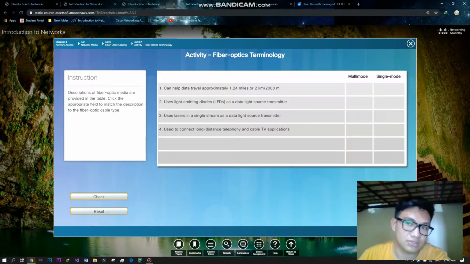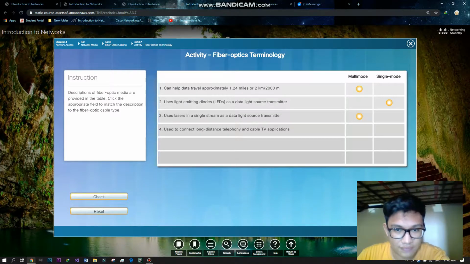That's a very long distance. Uses light emitting diodes as a light source in the transmitter. Single mode uses lasers in a single beam as a data light transmitter. This one, single, the word. It's used to connect long distance telephone and cable applications.